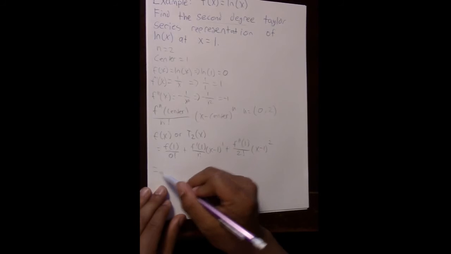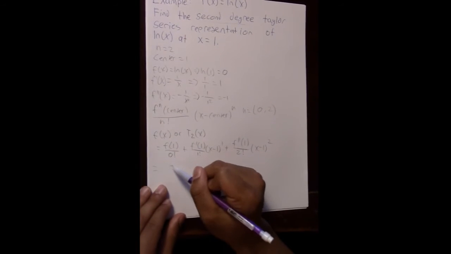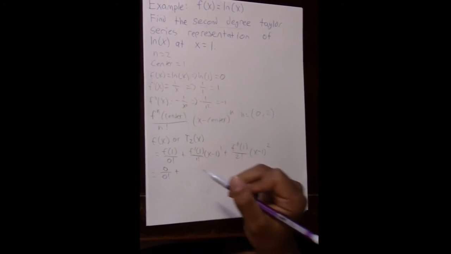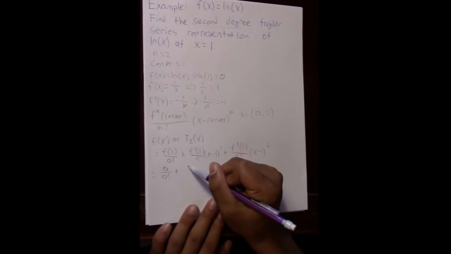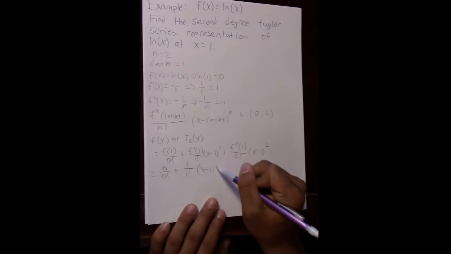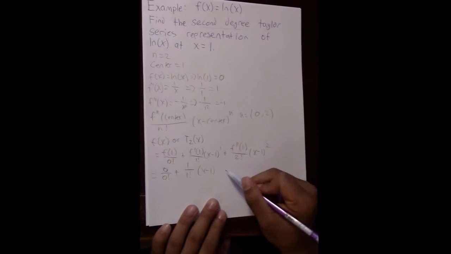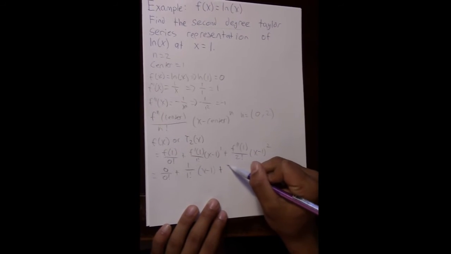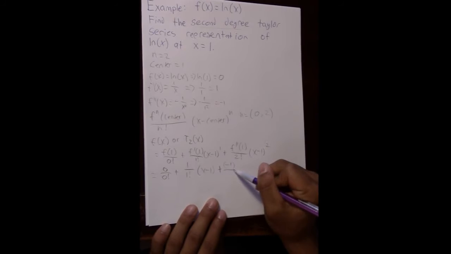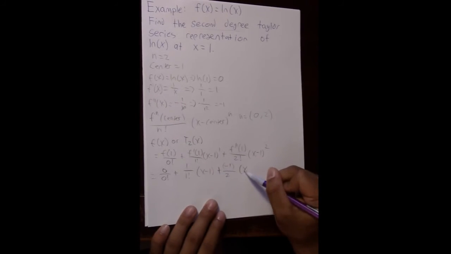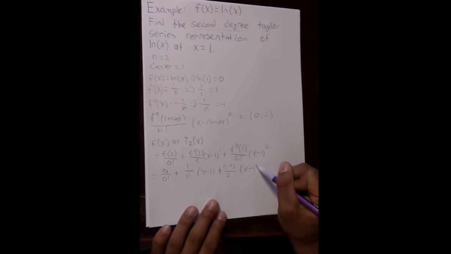So we can plug it in, and f of 1 is equal to 0 over 0 factorial, plus f prime of 1, which is equal to 1 over 1 factorial, times (x minus 1) to the 1, which is just x minus 1, plus f double prime of 1, which is minus 1 over 2 factorial, which is 2, times (x minus 1) squared.